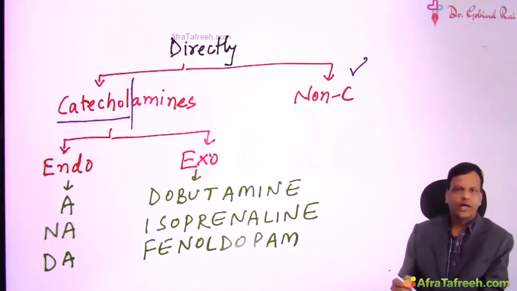Adrenaline, noradrenaline and dopamine are endogenous, whereas dobutamine, isoprenaline and fenoldopam are exogenous catecholamines.